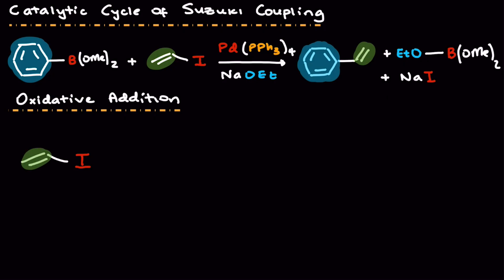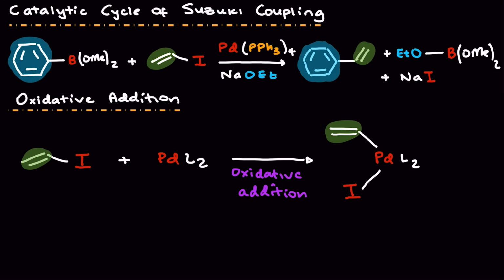In our oxidative addition step, our vinyl iodide, in this particular case, reacts with your palladium zero catalyst. And as we mentioned before in previous videos, we're going to ignore the nature of the ligands that are around the palladium zero for now, because they can come on and off the palladium center, and you can have different types of ligands attached there. But it's a palladium zero catalyst that interacts with our vinyl iodide.